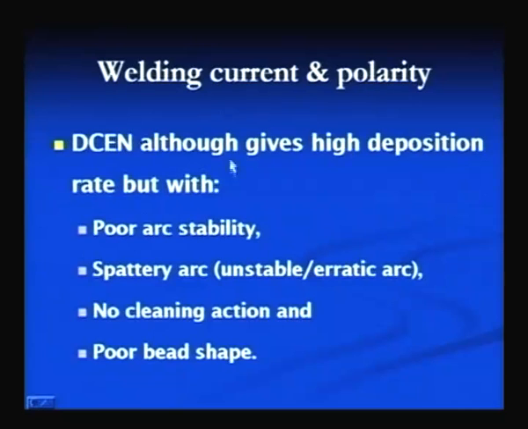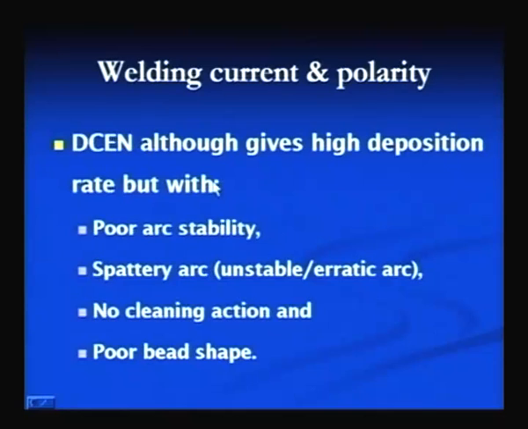The DCEN or DC electrode negative polarity, when negative terminal of the power source is connected to the electrode, although gives the high deposition rate, because in the DCEN 1/3 of the heat is generated in the electrode side and 2/3 of the heat is generated in the base metal side.